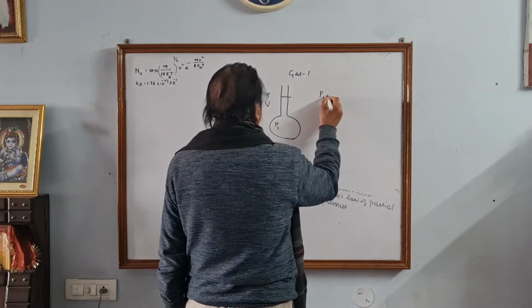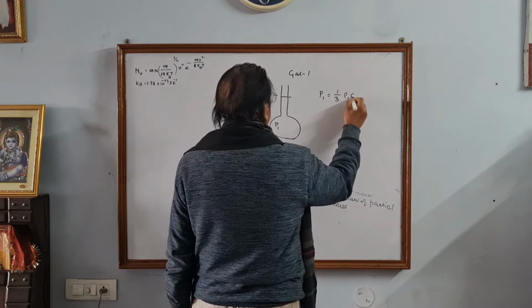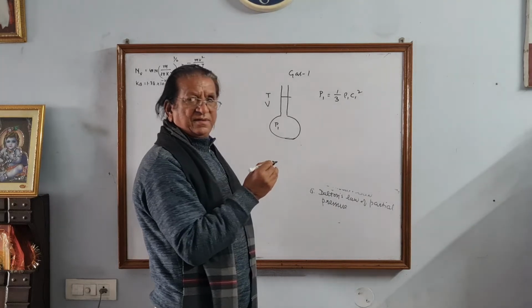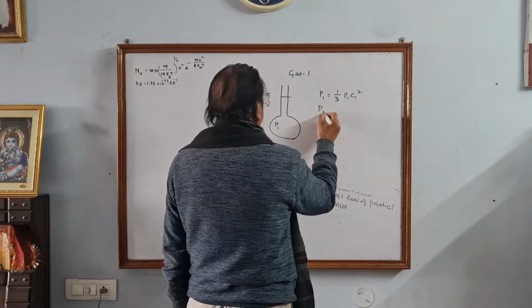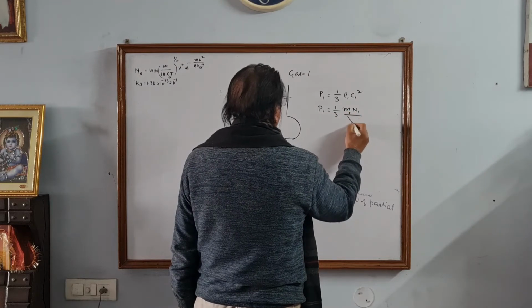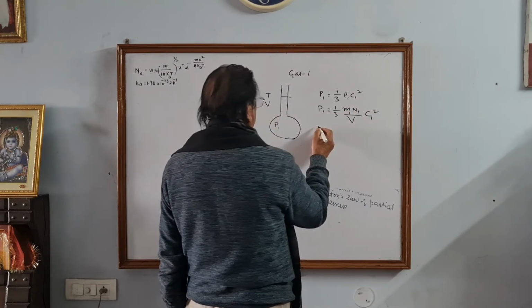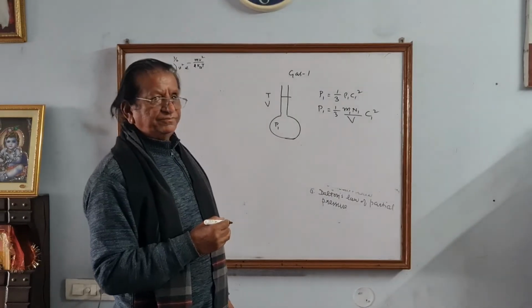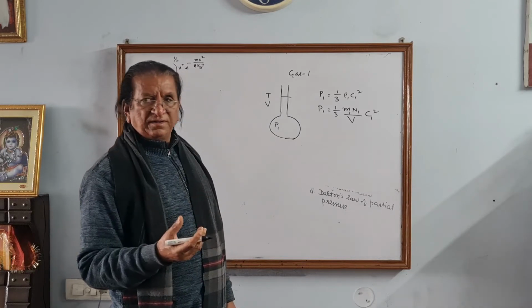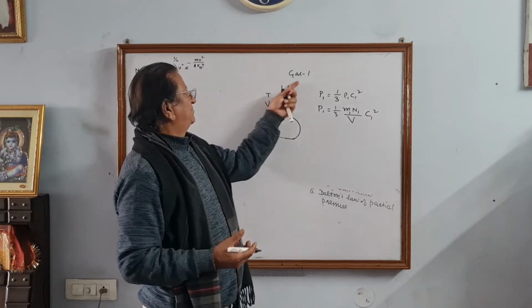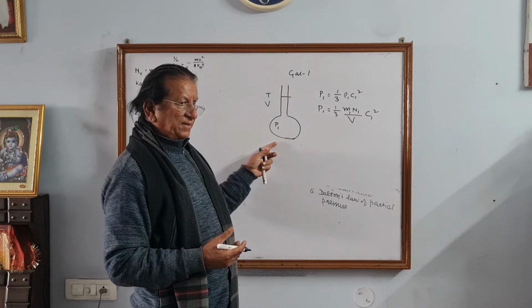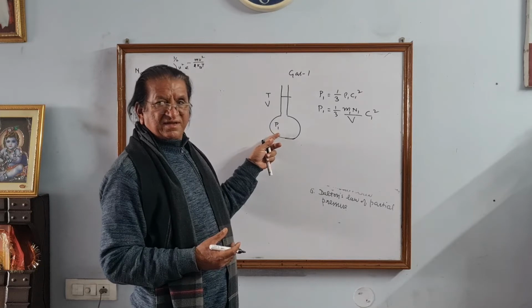So the pressure exerted by the first gas is 1/3 ρ1 C1 square. It can be written as 1/3 M1 N1 over V C1 square. You have a vessel and gas number 1 in this vessel, and you note down the pressure exerted by this gas.